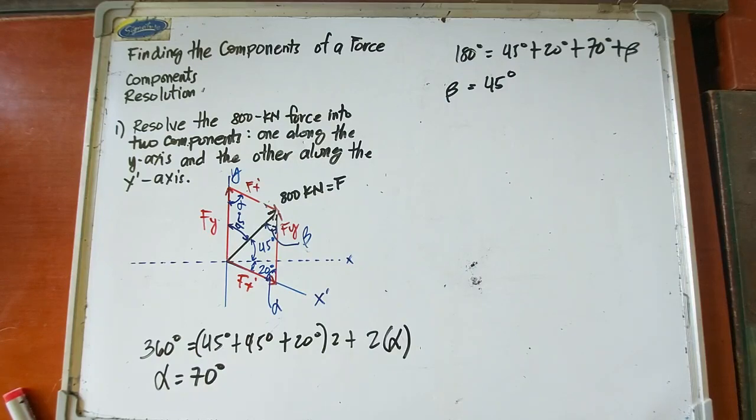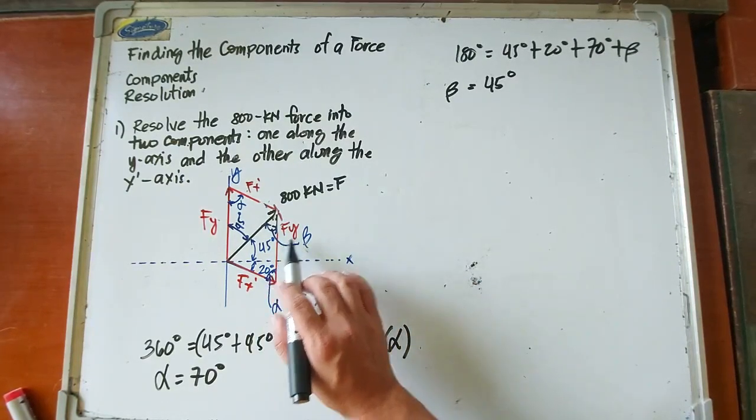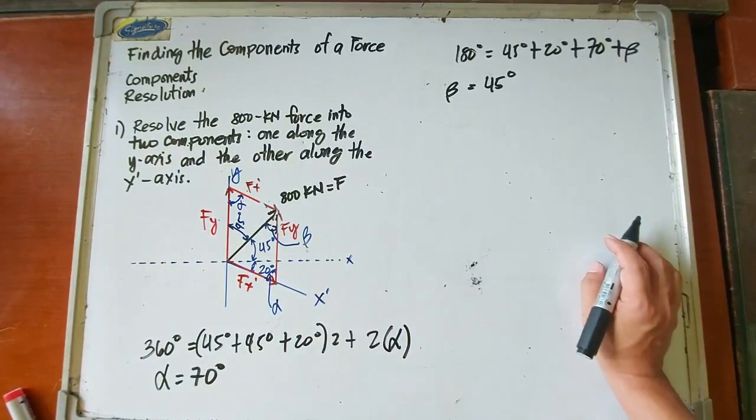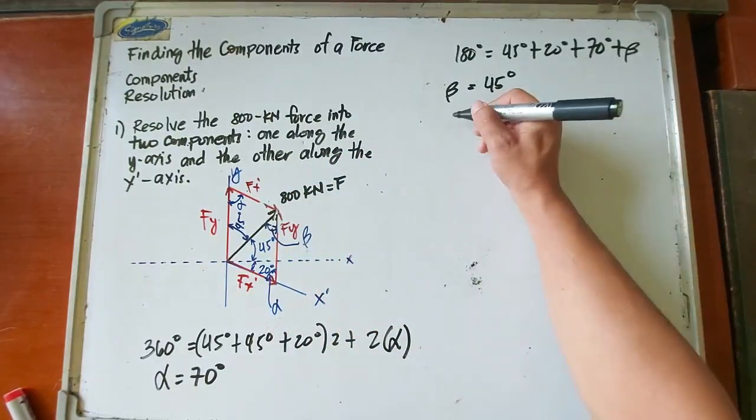Now, meron tayong isang side tapos tatlong interior angles, no? Given one side and three interior angles, we can solve for the components along Fy and along the X prime axis. Okay, so let's first solve for simultaneous na lang, or sige, isa-isa na lang para mas maintindihan natin. We can solve for Fy muna. Okay, so using yung given natin, isang side na to is 800.